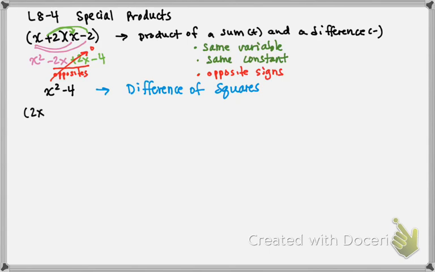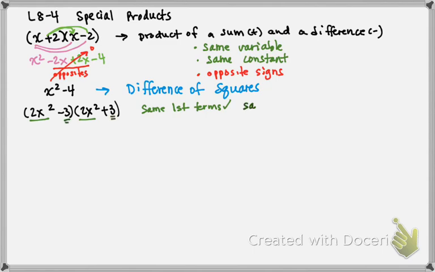So let's say we have this. 2x squared minus 3 times 2x squared plus 3. So I need to look through my list here. Do I have the same variable? So I'm looking at my first terms that contain a variable, and yep, same first terms. Check. 2x squared, 2x squared. Okay? Then I look for my constant. Are they the same? Yep, the second term's the same.